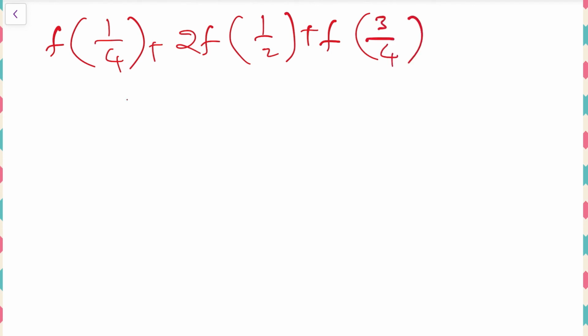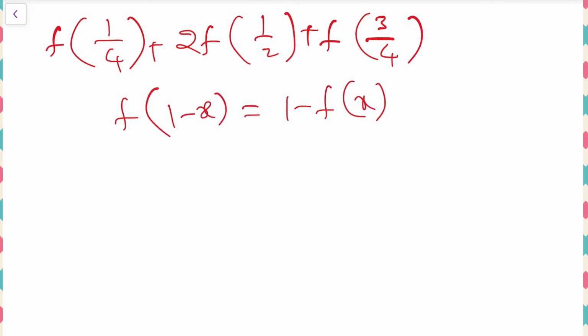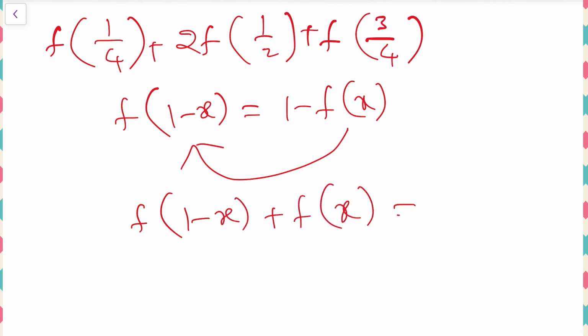In the question it is clearly mentioned that f of 1 minus x is equal to 1 minus f of x. This minus f of x I will take to the left side, then we will get f of 1 minus x plus f of x is equal to 1.